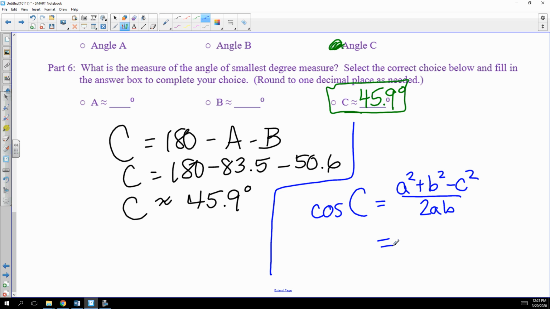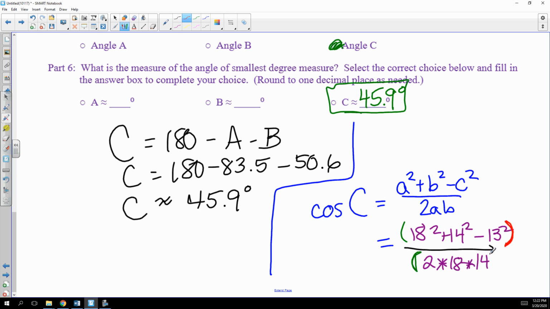I plug in 18 squared plus 14 squared minus 13 squared, close the parentheses, divided by open parentheses 2 times 18 times 14 and close it. I still get 45.9 degrees when I take the inverse cosine of both sides. Remember, don't forget that you would really have to do inverse cosine of the answer that you get in order to figure out what that is.